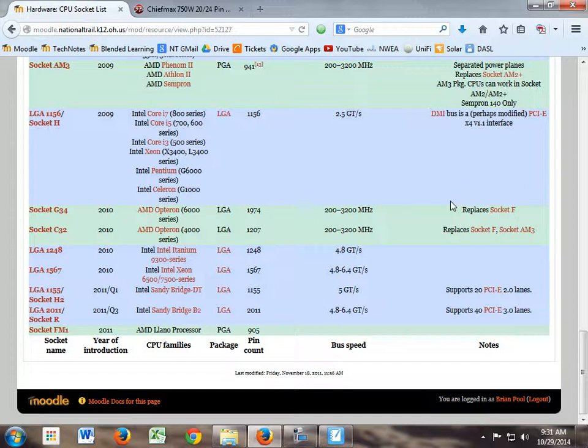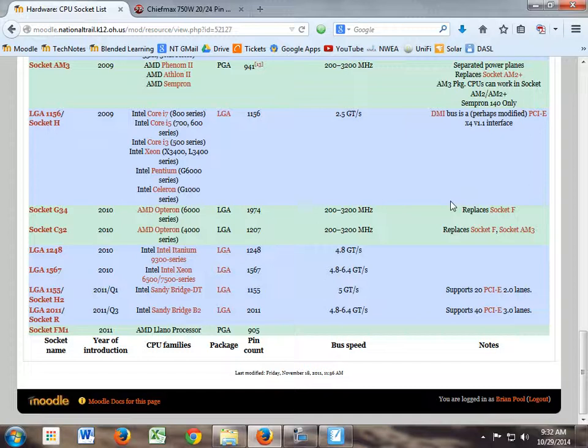Okay. And by the way, the number means how many little connectors there are on the bottom. So the LGA 1567 has 1,567 connections on the bottom of that CPU. So if this one is an LGA 775, if this LGA 775 has 775 dots, we'll let Bryce count them later on today.